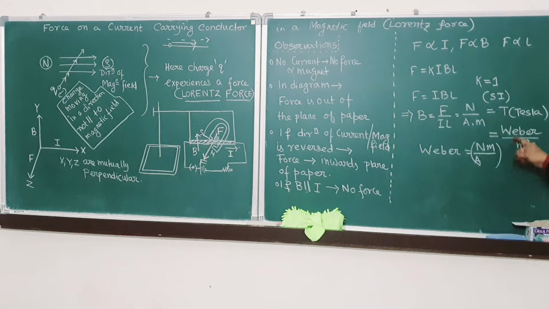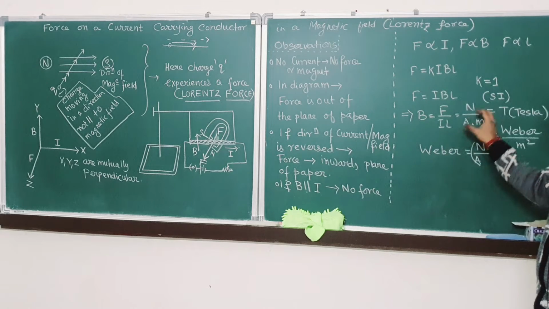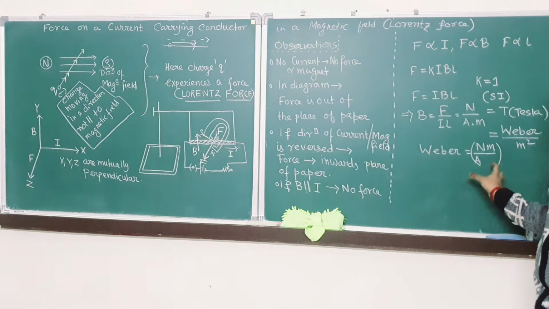Next, this Tesla is also written in another form of unit, which is also very important because it is also named after a scientist. So many people already contributed to electromagnetism. This is Weber per meter square. Now I have tried to derive the unit of Weber in an easier unit that we are familiar with.